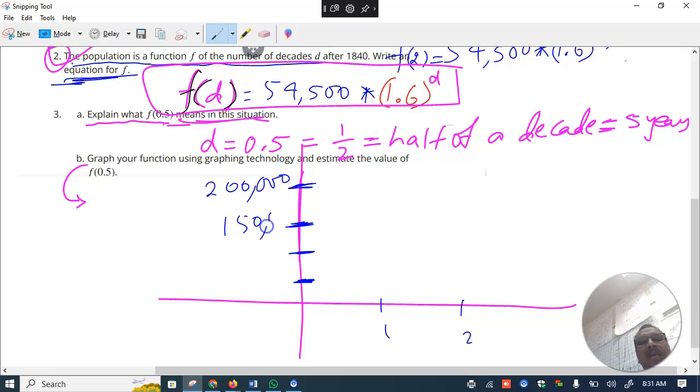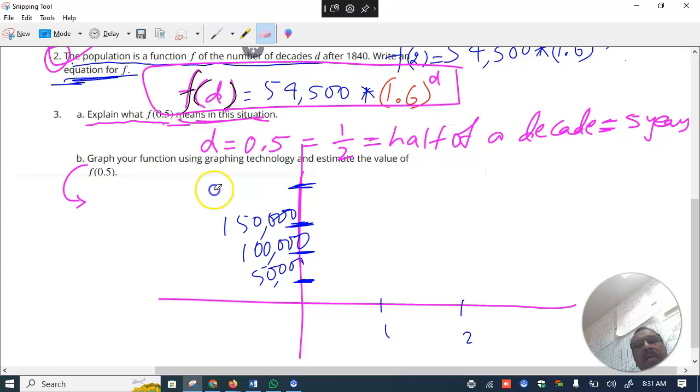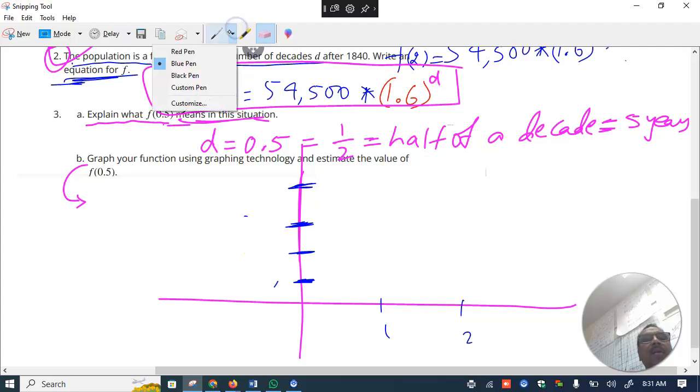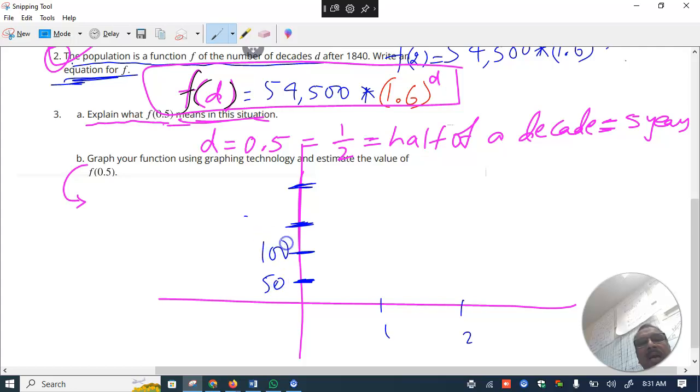Instead of writing these big numbers, we can just say this is 50, this is 100, 150, 200. And 54 will be somewhere. This is just to estimate, okay?